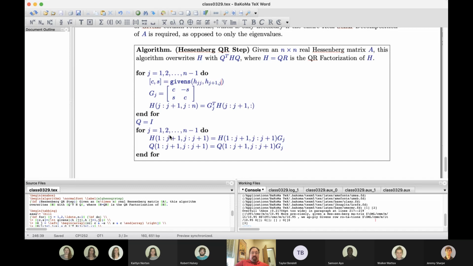Then we update Q by applying all these Givens rotations, and we also apply those same Givens rotations again on the right to the columns of H to carry out multiplying RQ to get our new Hessenberg matrix H that hopefully is closer to upper triangular form.